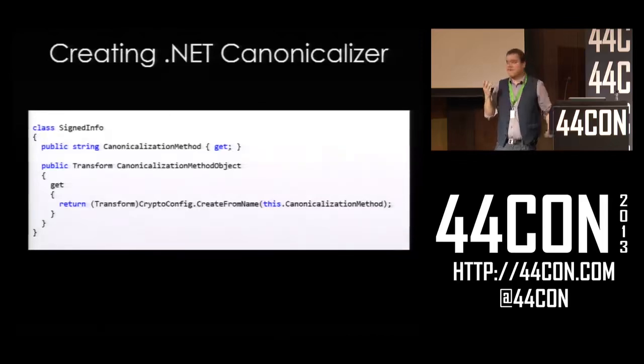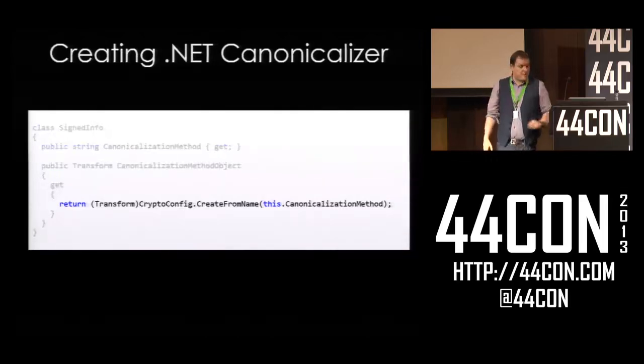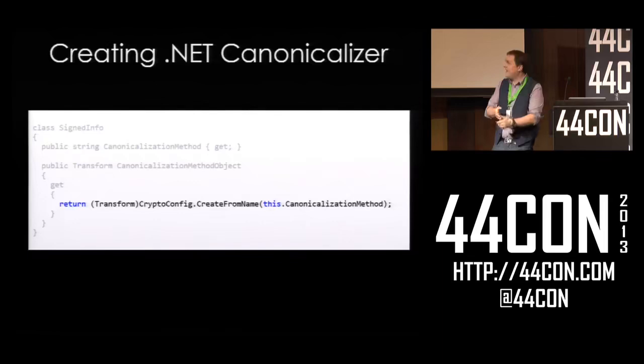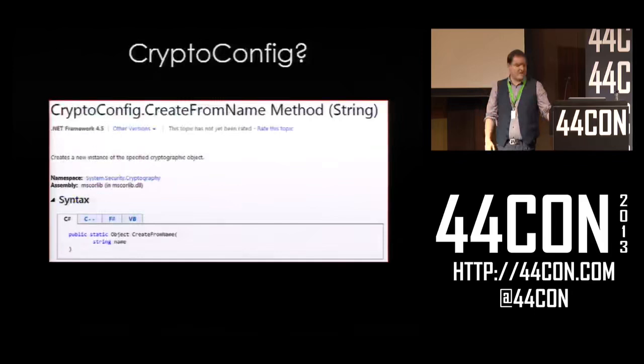We have a canonicalization method string, and this is that URI. We also have a canonicalization method object, which is the instantiated object to perform the canonicalization. And all we did was pass this name straight to this function, CreateFromName. Okay? Maybe it's more specific than that.